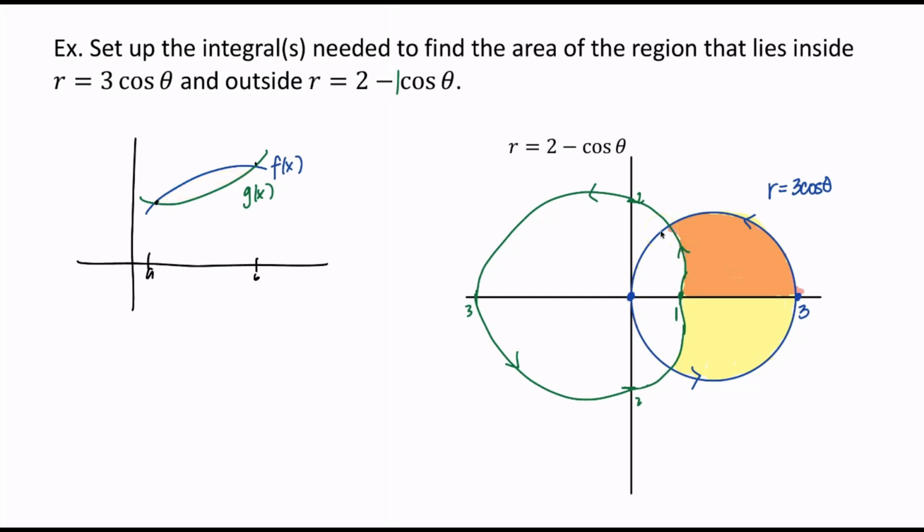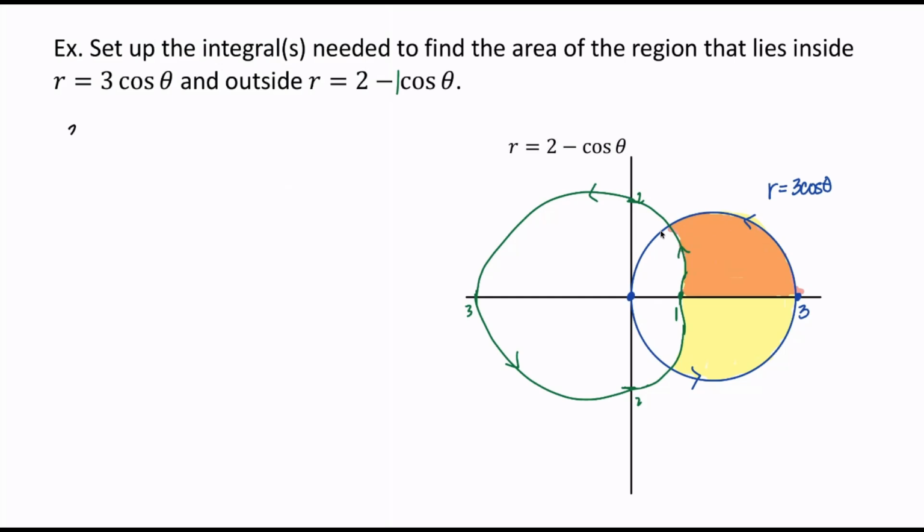So we do need that point of intersection, and so we're going to set our two polar curves equal to each other. We're going to set 3 cosine theta equal to 2 minus cosine theta. I'm going to add the cosine theta to the left side, so 4 cosine theta is equal to 2. And so cosine theta is equal to 1/2.